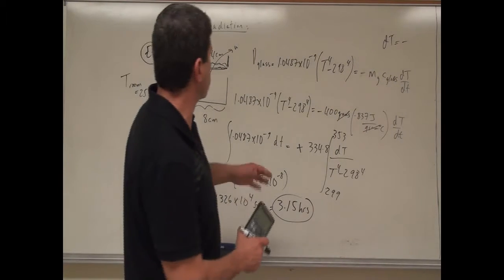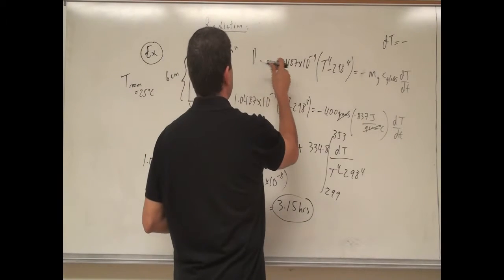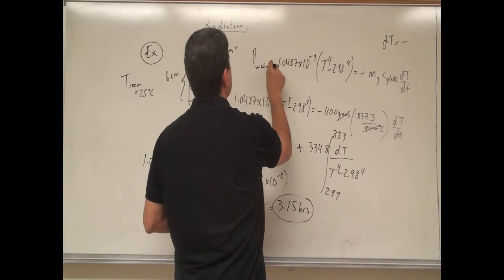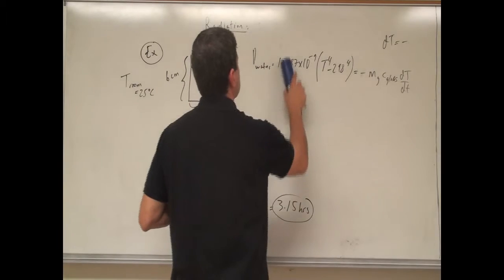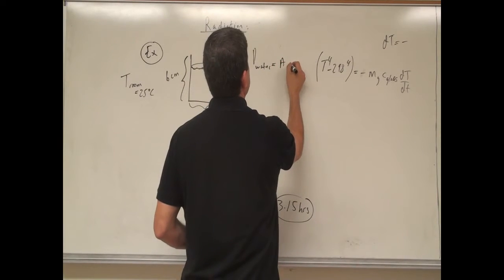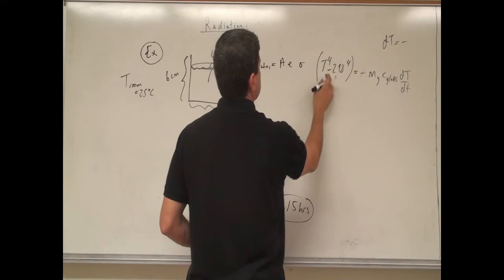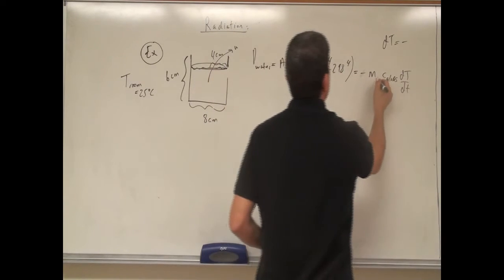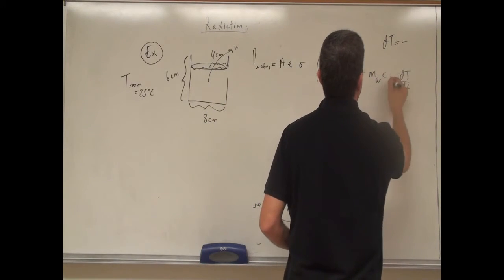How does the answer change for the water? Well, for the water, what will change? Okay, so we put here the area of the water times the emissivity of the water times sigma T to the fourth, and then we put here the mass of the water and then the specific heat of the water.